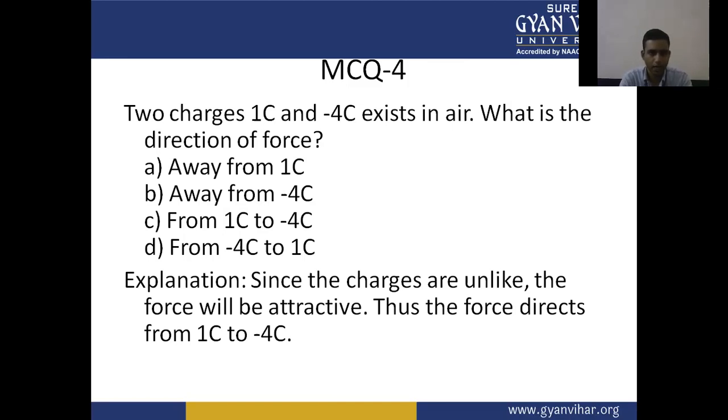Thus, the force is directed from 1C to minus 4C, because the direction of the force as well as the electrostatic field is the same. Electric field moves from positive charges to negative charges, as we have already discussed in the previous section. So these are unlike charges, they will attract, and the direction of the force is from 1C to minus 4C.